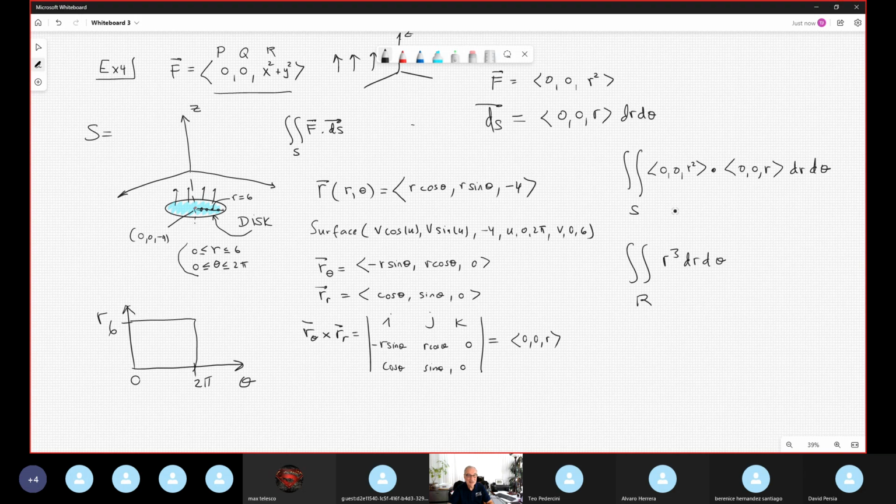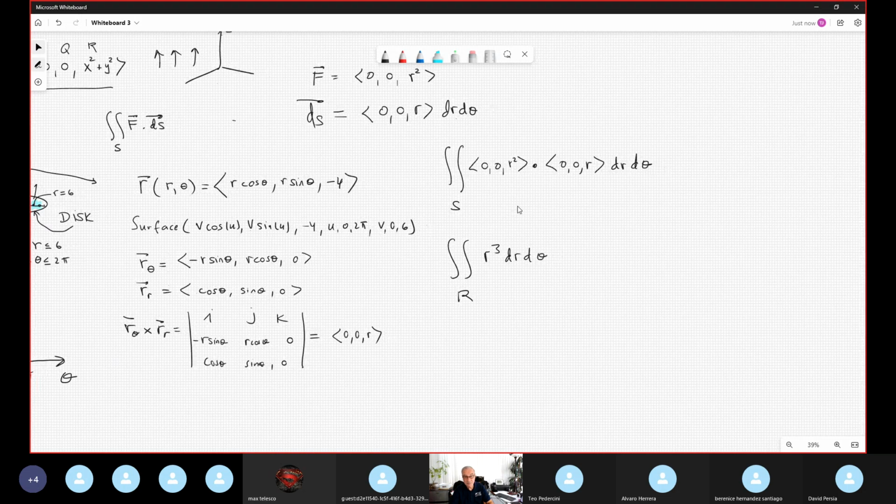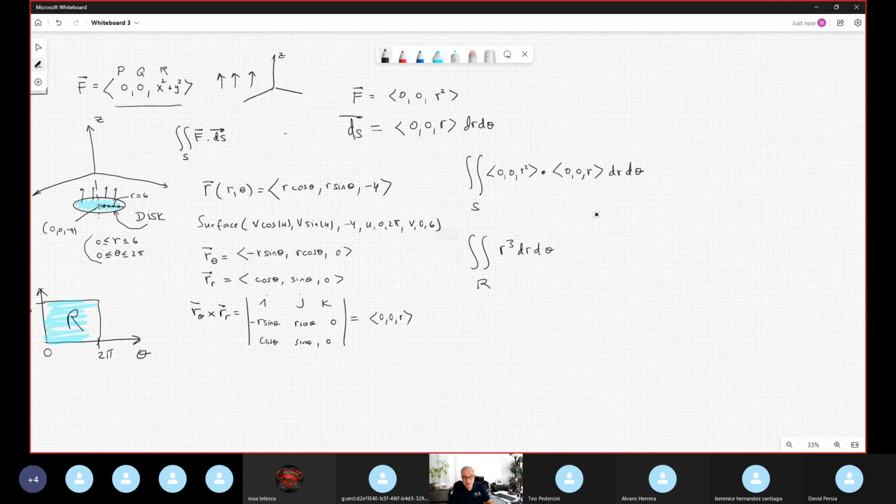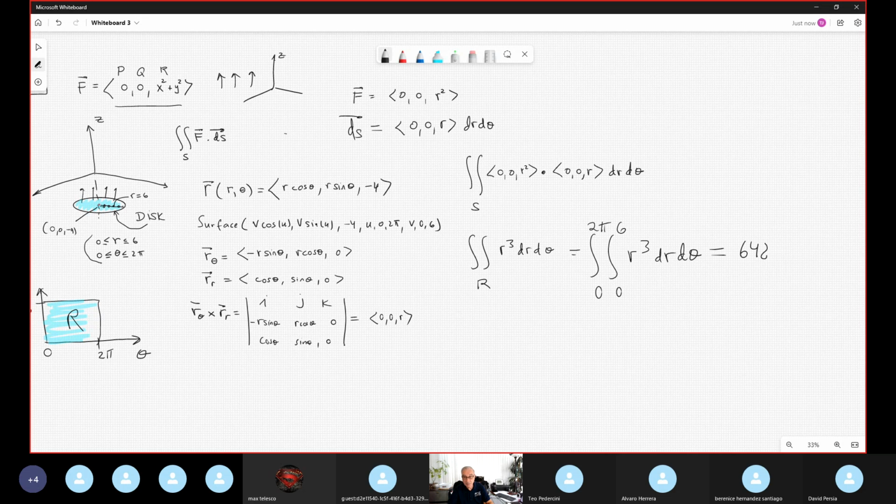This is my region R. So now setting up this double integral is super easy, because it's only r cubed dr d theta, r varies from 0 to 6, and theta varies from 0 to pi. Wow. And you compare, the answer is 648.5.